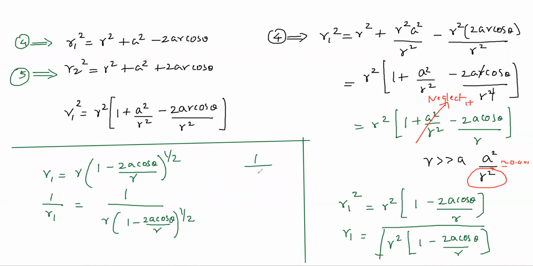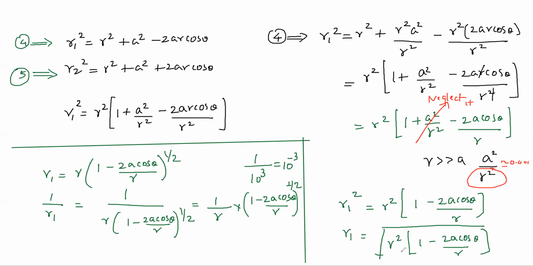When you have 1 divided by 10 power 3 and you take it to the numerator, you get 10 power minus 3. We are going to do the same thing here. So 1 by r into 1 minus 2a cos theta divided by r the whole power minus 1 by 2. Okay, now we are almost there.